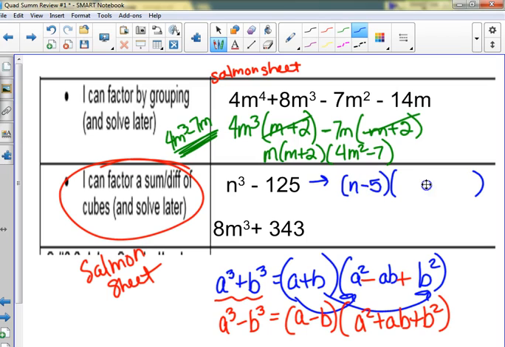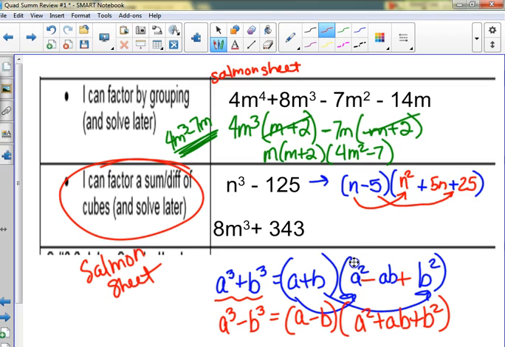This one's minus, the second one is plus plus. The first thing in the parenthesis is this term squared, so we just get an n squared. The second thing back here is the 5 squared, which is 25. In the middle goes one of these times one of these, but you don't worry about the sign, so you get a 5n. And it shouldn't factor further.